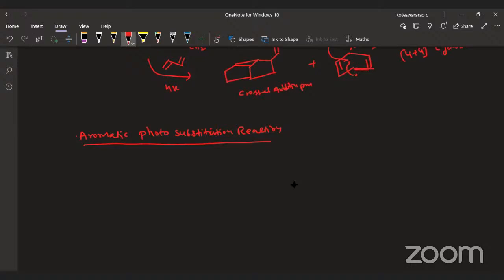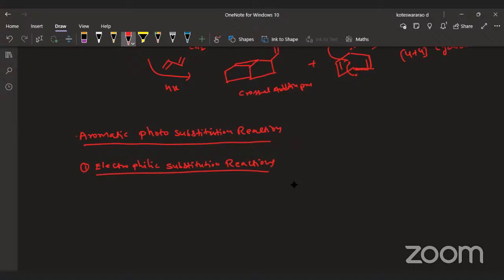Now coming to the electrophilic substitution reaction. There are a few remarkable examples of photo-induced electrophilic substitution reactions.